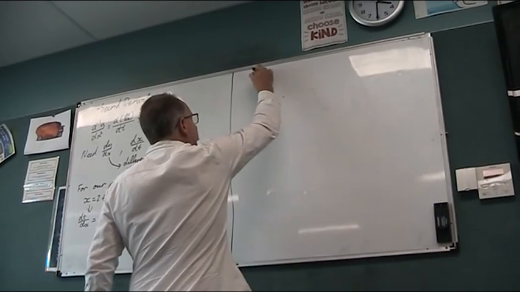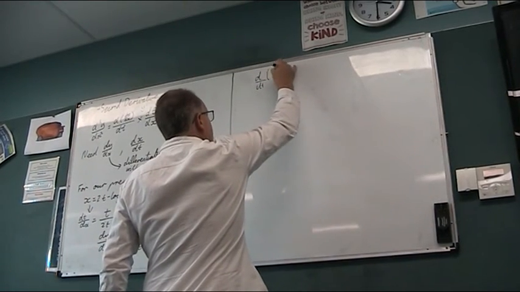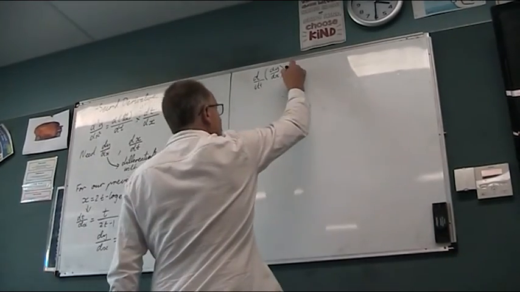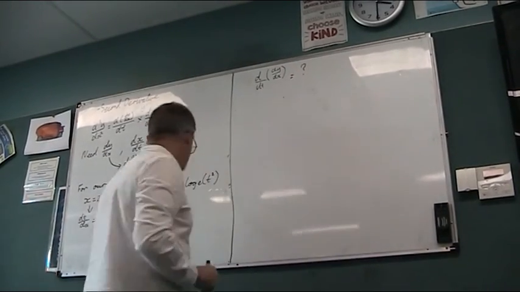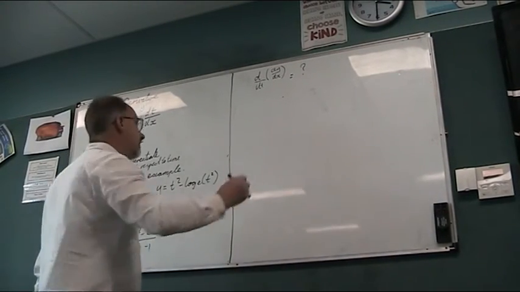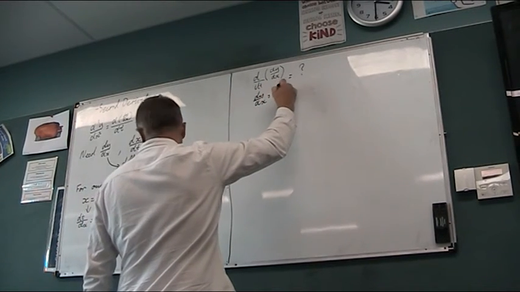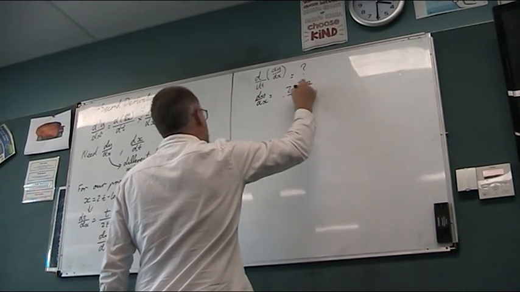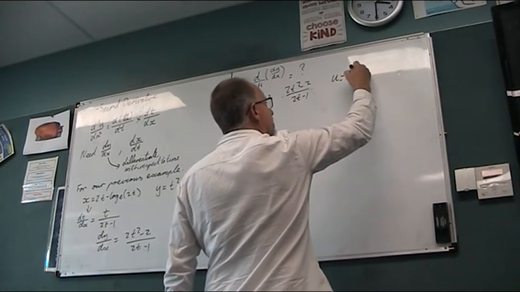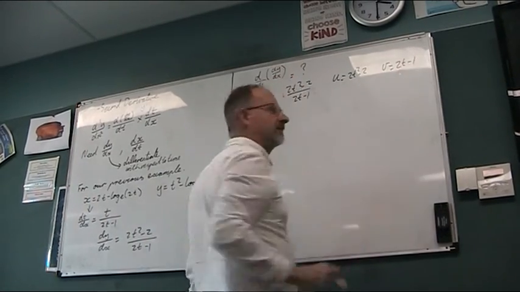So we need to differentiate dy/dx with respect to time: 2t squared minus 2 over 2t minus 1. So u would be 2t squared minus 2, and v would be 2t minus 1. And so we've got to use the quotient rule.